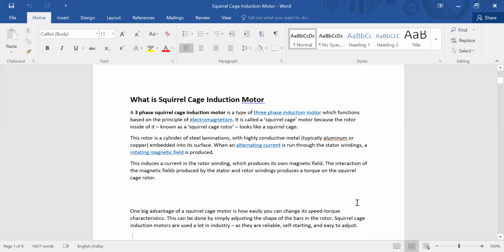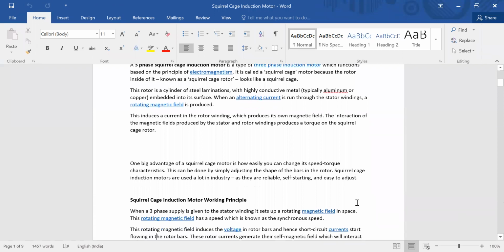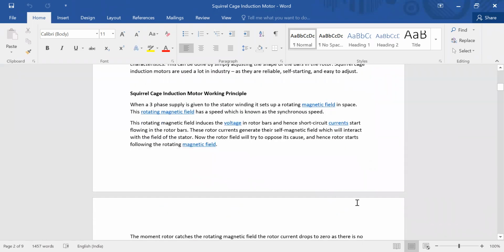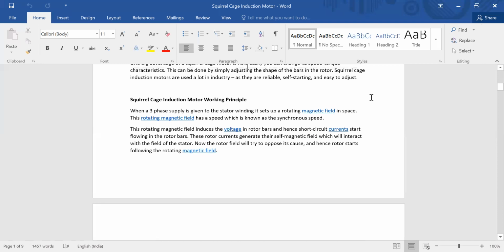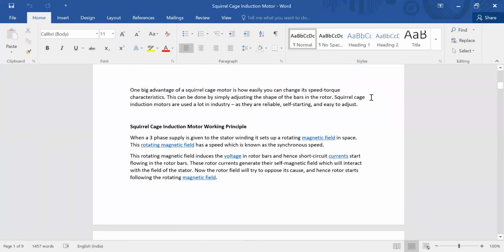One big advantage of the squirrel cage motor is that we can easily change its speed and torque characteristics, simply by adjusting the shape of the bars in the rotor.